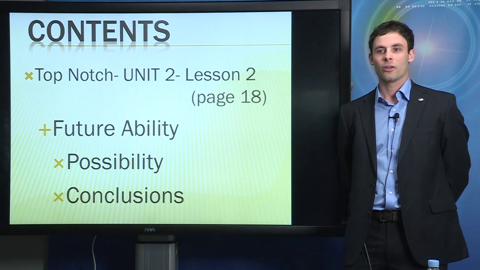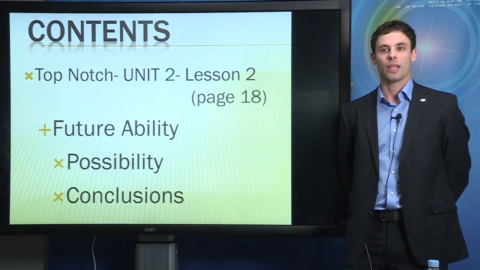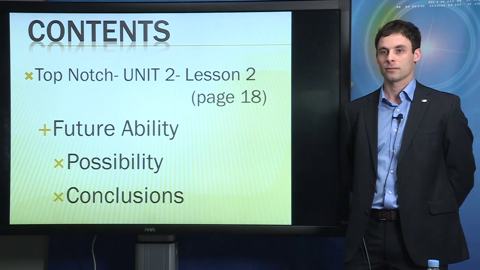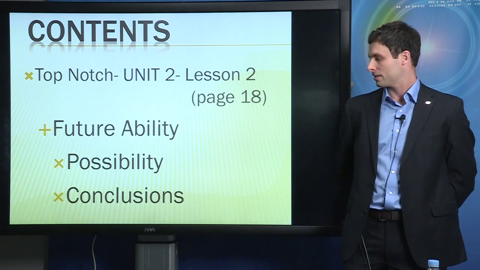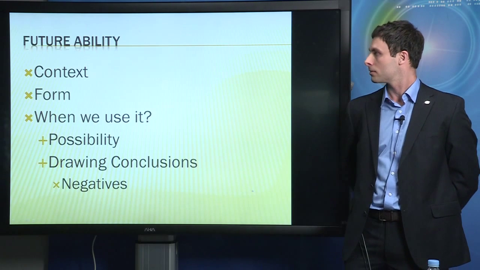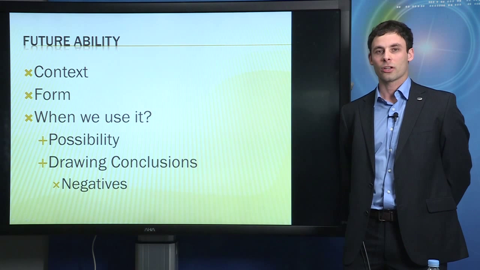So today we're looking at page 18 from Lesson 2, Unit 2. Specifically, future ability, possibility and conclusions. We're going to look at the context.